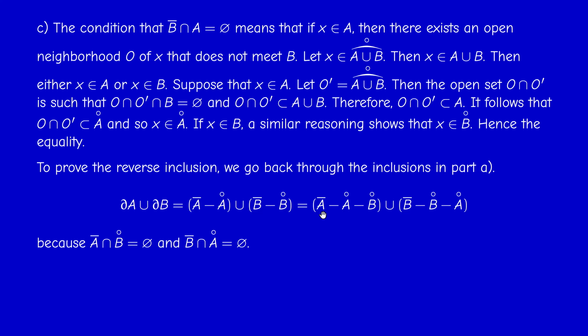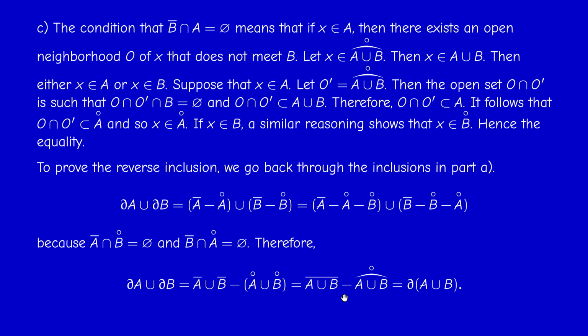And now this term is just A bar without the union, and this is B bar without the union. So I can write this as A bar union B bar without the union of the interior. So same thing. And according to the hint, this is exactly equal to this. So I get the boundary of A union B because it's the closure without the interior. So that's it.